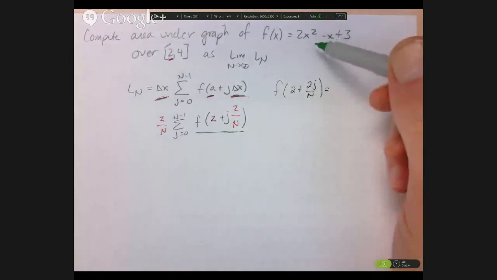And notice how messy it's going to get. Oh, wait. So we have 2.